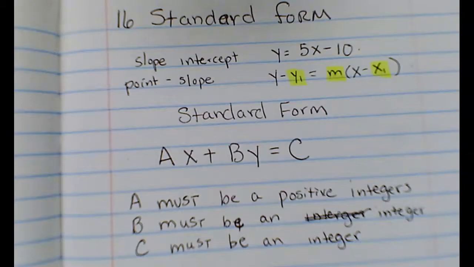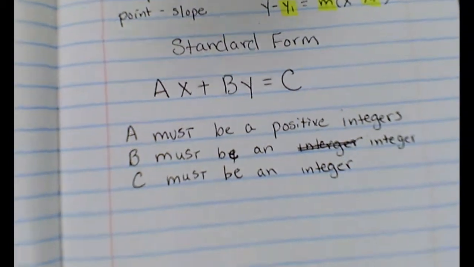There's no fractions involved. I'm waiting a second. Some people are still copying this. Okay, if you don't have this, skip a couple of lines and then you can go back and fill it in.